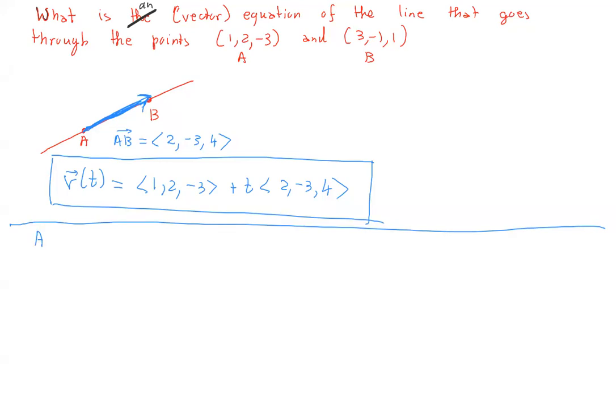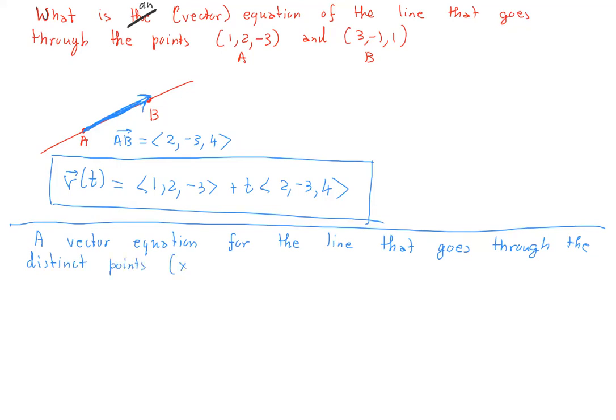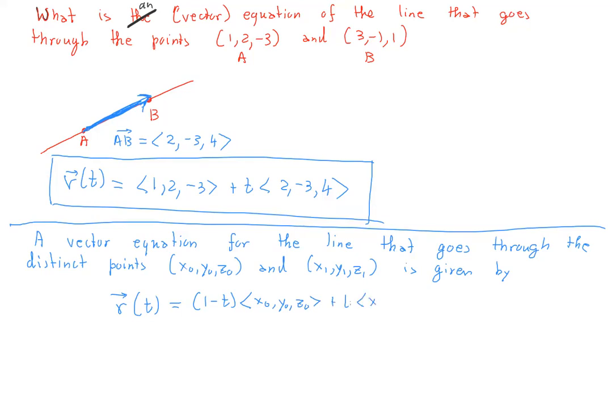So a vector equation for the line that goes through, let's assume that it's not the same point, so through the distinct points X naught, Y naught, Z naught, and X1, Y1, Z1 is given by R of t is equal to 1 minus t times the vectorization of the first point plus t times the vectorization of the second point.